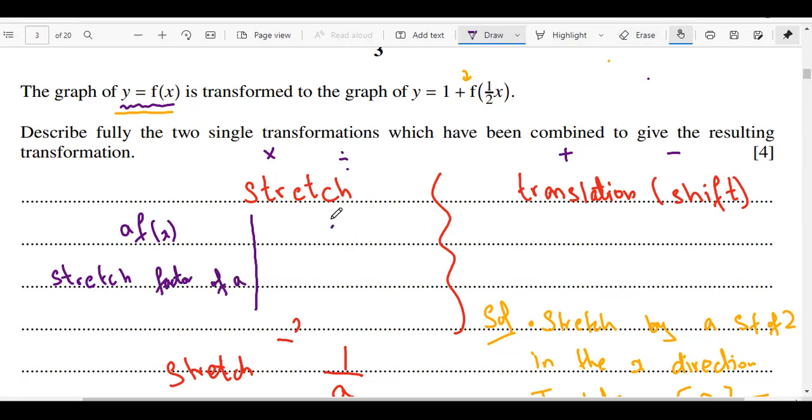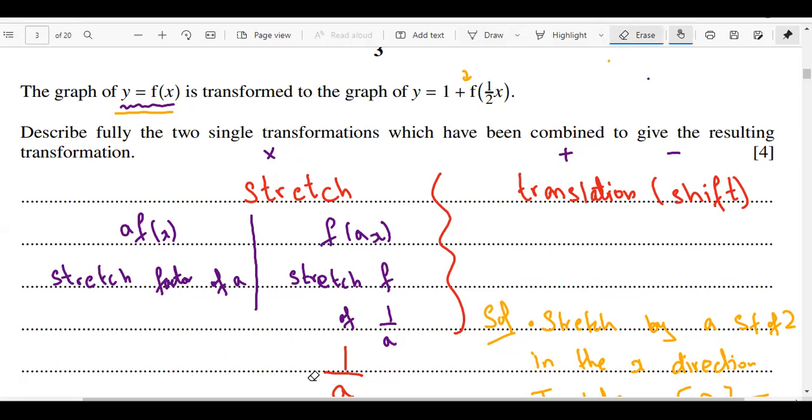And if you have f of ax, again you have multiplication, so it would be a stretch by a stretch factor of 1 by a. You can only think about it as multiply. Even if you're multiplying by half, just think about it as multiplication.